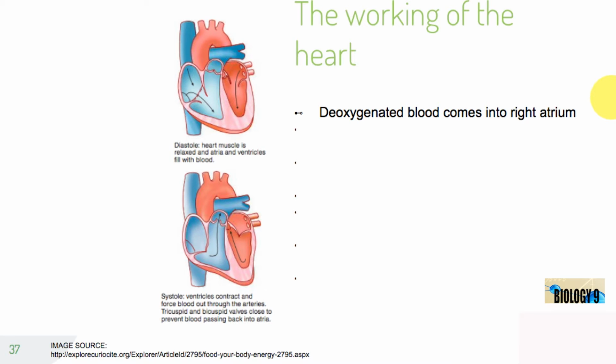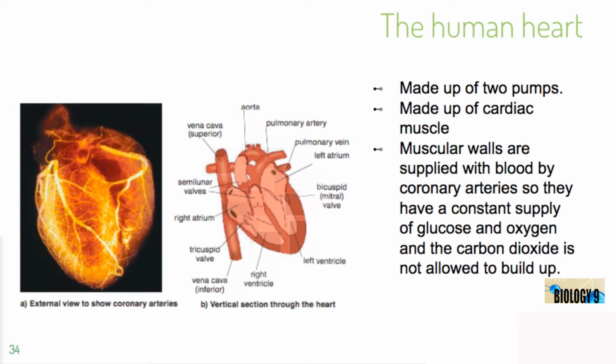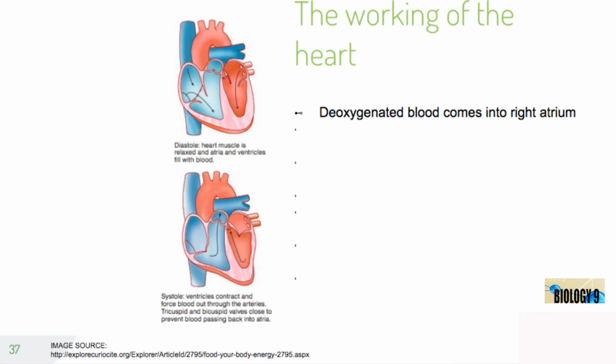Okay, and what you'll notice here with this one, and also my diagram, is that on these diagrams, right is going to be shown as the left as you're looking into it, because it is as if the person who owns this heart is facing you.